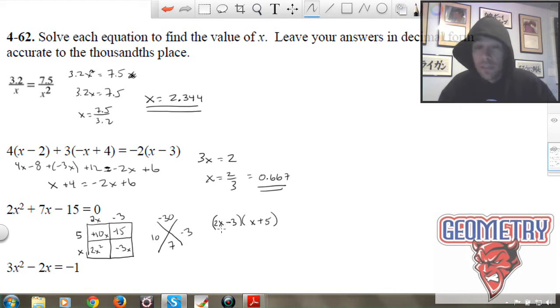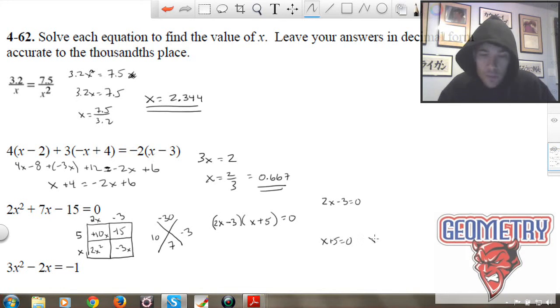And let's just double check it to make sure those factors look good. 2x times x is 2x squared, check. Negative 3 times 5 is negative 15, check. And then we have 10x minus 3x, which is 7x, looks good. So each of those factors are set equal to 0. So we have 2x minus 3 could possibly equal 0, or x plus 5 could equal 0.